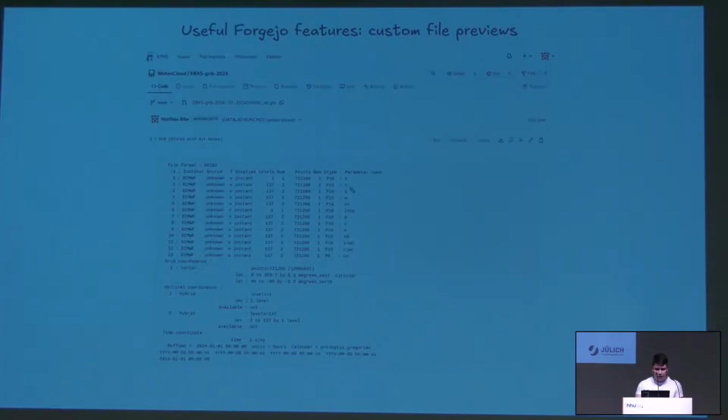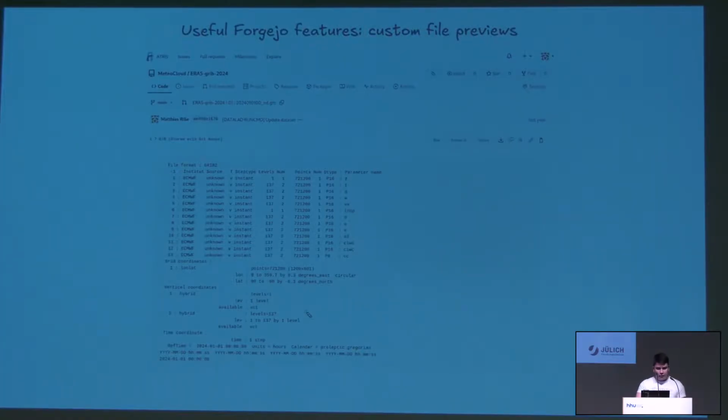In this case, it contains a set of parameters here: temperature, U and V, wind components, ozone, whatever. And you can use custom file previews to get some kind of informative overview of this file, whatever you need in your domain. In this case, it's just what variables are in there, on what grid, in what resolution, and what time steps.